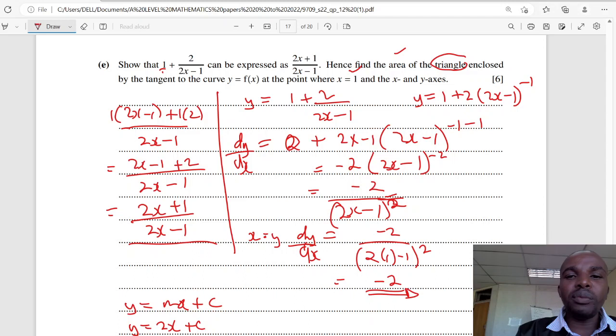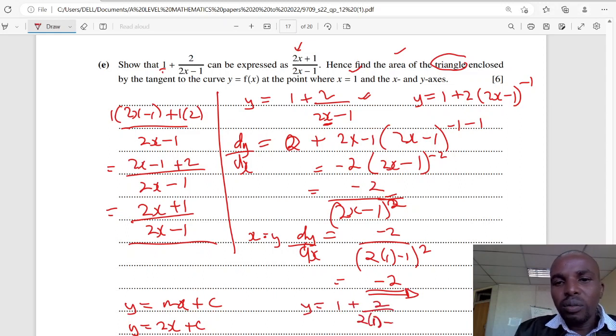You put x equals 1 in this equation: y equals 1 plus 2 over 2 times 1 minus 1. So this will give you 1 plus 2 over 2 times 1 minus 1, which is 1, so 1 plus 2 gives you 3. So y equals 3.